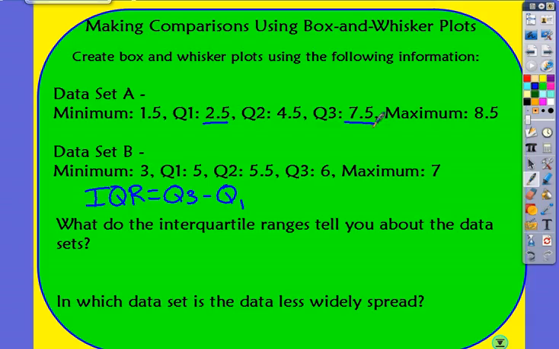For data set A, you would do 7.5 minus 2.5. For data set B, you would do 6 minus 5. Write down the interquartile ranges for both sets of the data.